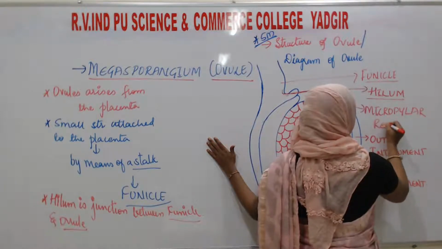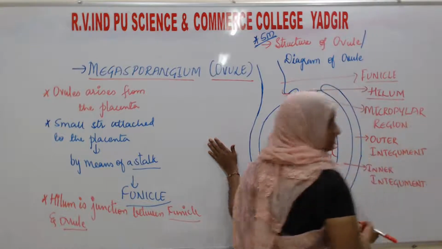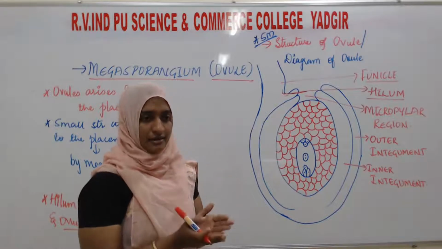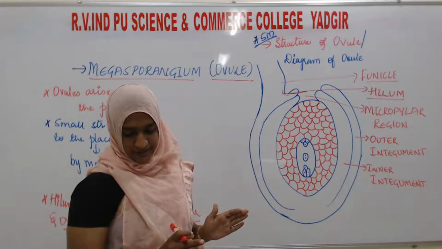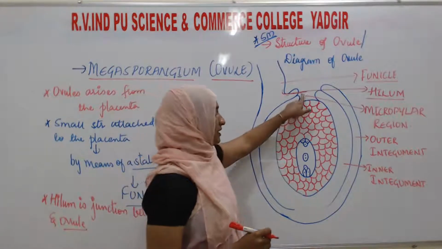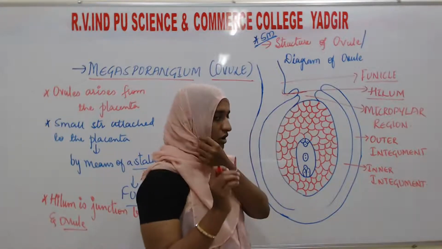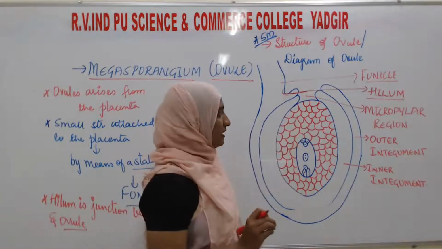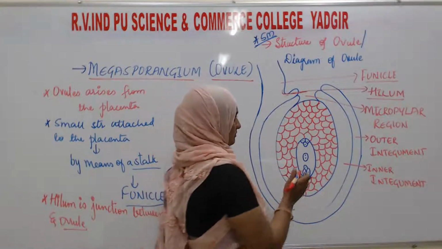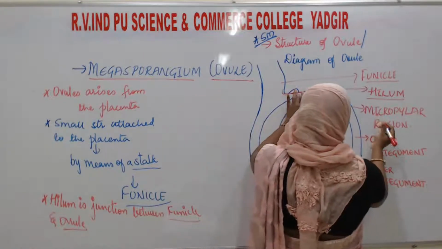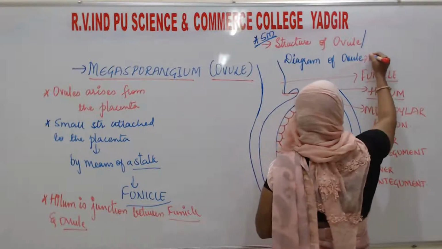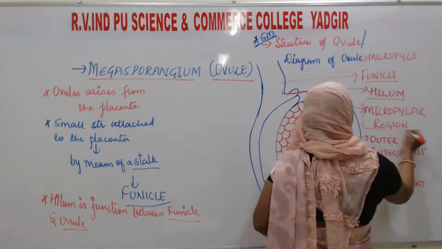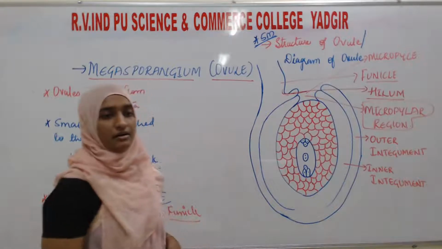Listen here, at the tip of the ovule a small opening will be there, and that opening is known as the micropyle. The tip region is known as the micropylar region.